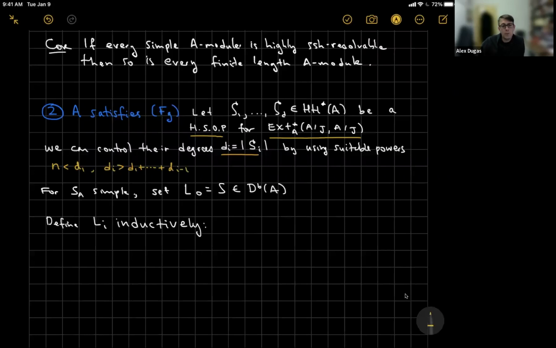And that's going to allow us to space out the homology groups in the complex that we construct.